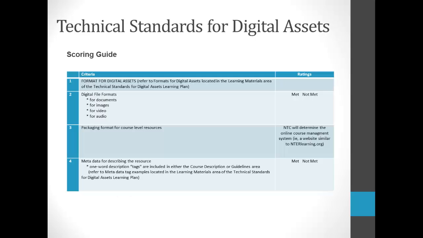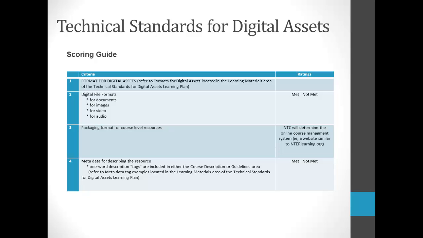Okay, so the scoring guide that we've come up with that the reviewer will be able to use to measure the course for compliance will be really taking a look at the format for digital assets and whether or not that's met or not met. Again, the packaging format, that end product, we're still exploring what our options are, and we need to determine what that end product will be, but we'll certainly be communicating that as soon as we come up with a decision, or the grant people come up with a decision from that on our end.